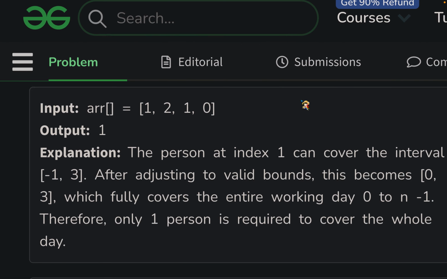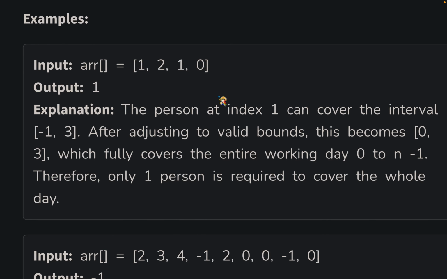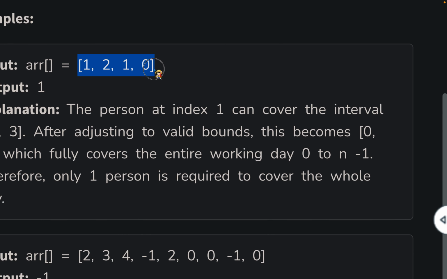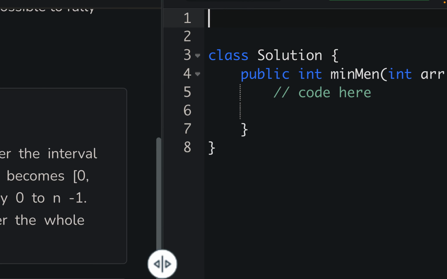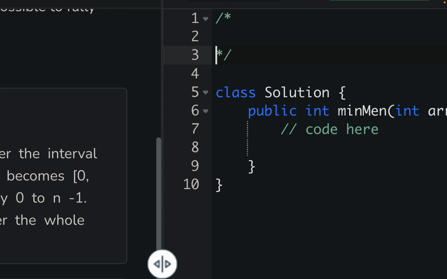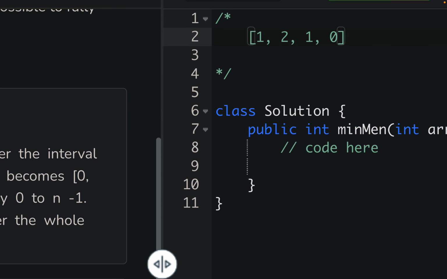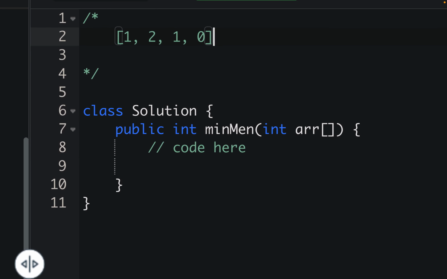I'll copy one example from this, and we can see how we can approach this problem first of all. So we have this input array. One thing that can come to your mind is to take each worker one by one and test how it can solve my problem.